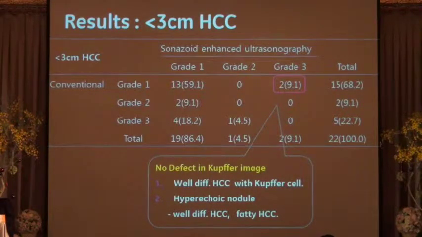This slide shows two cases of small HCC with grade 1 and grade 3 in lesion conspicuity. In these cases, Sonazoid CEUS was inferior compared to conventional US, with no defect in the Kupffer image. These findings are seen in cases of well-differentiated HCC with Kupffer cells or a hypoechoic nodule.